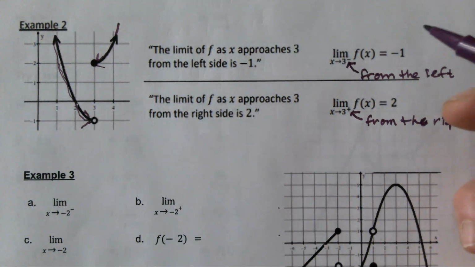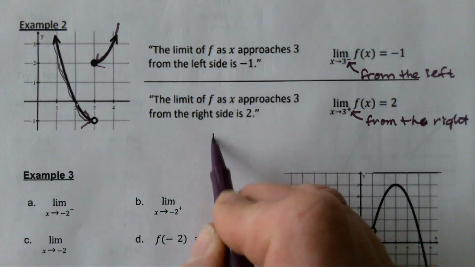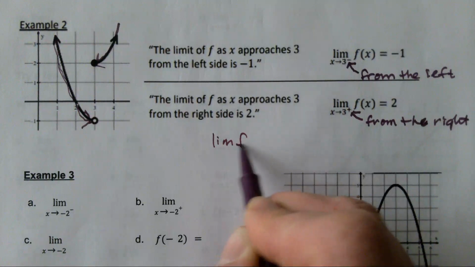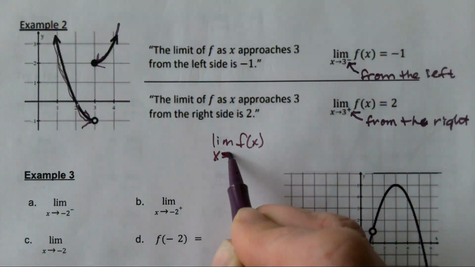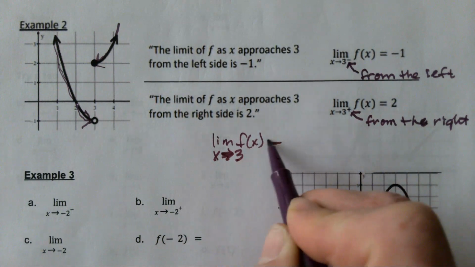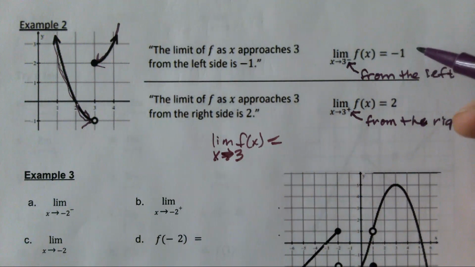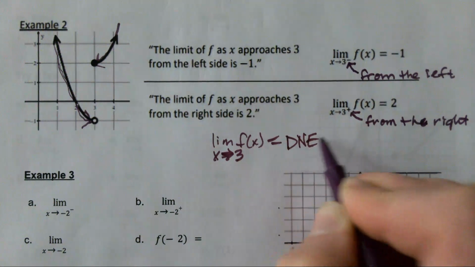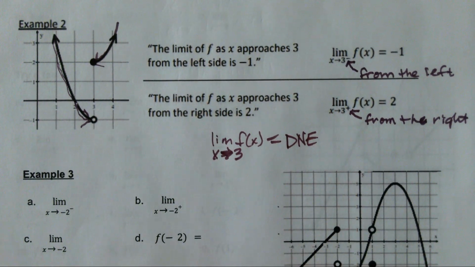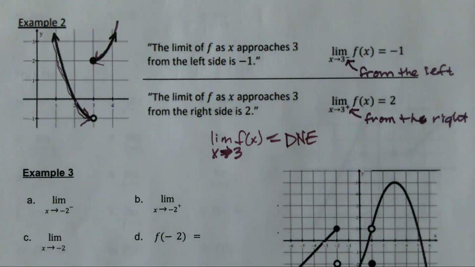And if I were to ask you, what is the limit of this function as x approaches 3? If these two numbers are not the same, we say it does not exist. And so that's how I use those one-sided limits to help me. I check it on the left, I check it on the right, I see if I get the same value. If I get the same value, then I know I have a limit. If I get a different value, I know I don't.